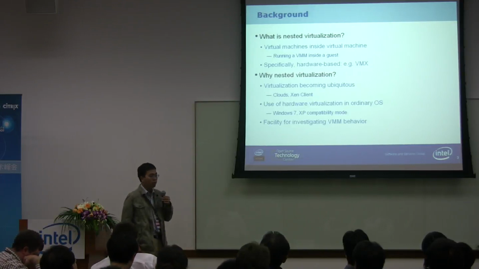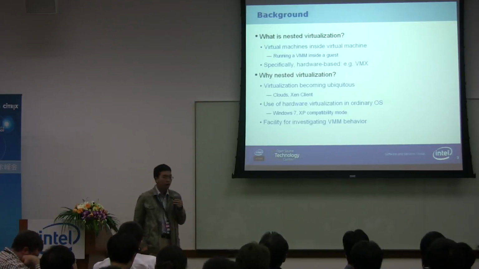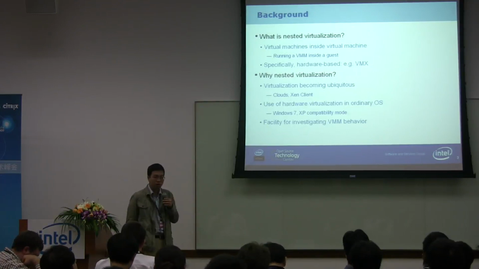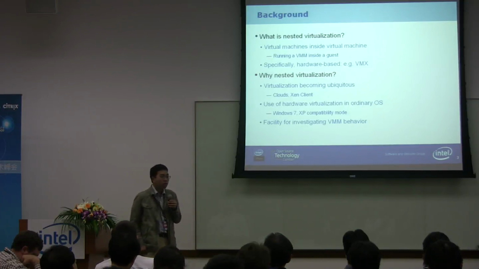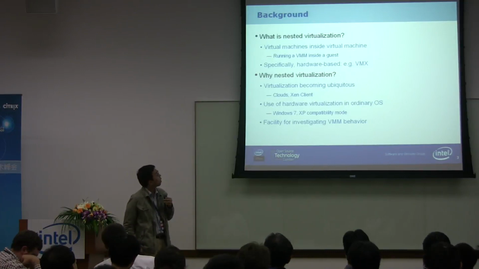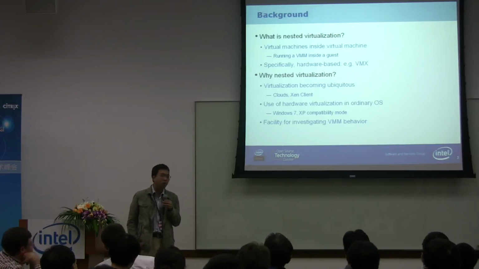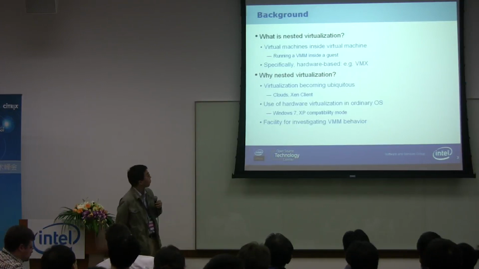So the VMM presents an upper layer without this hardware, so the nested virtualization cannot be automatically done in the current situation. So our work here is to run nested virtualization specifically for hardware-based virtual machines, i.e. run a VMX guest inside another VMX guest.